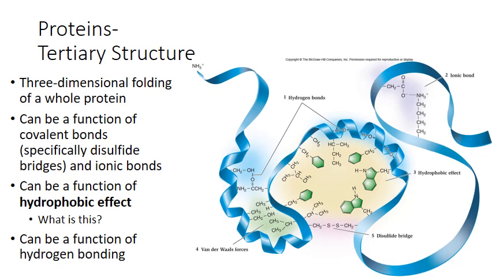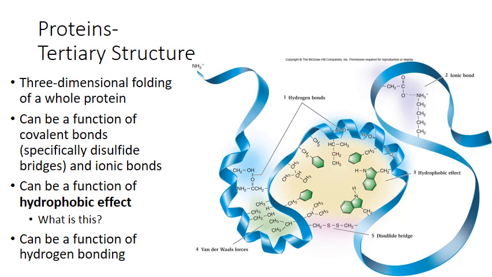So primary structure is the sequence of amino acids. Secondary structure is the smaller structure that's a function of the hydrogen bonds. And then our tertiary structure is the whole three-dimensional folding of a protein. Like I said, a protein can be hundreds or thousands of amino acids long.